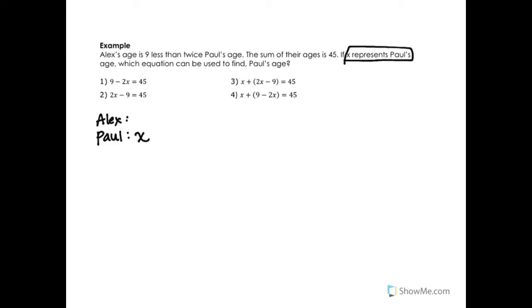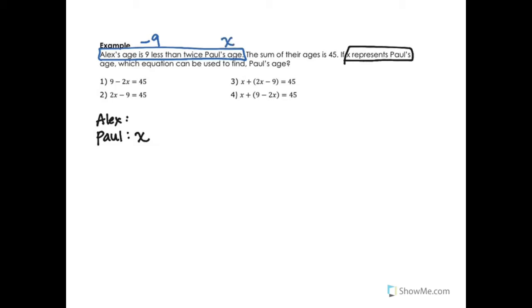It says Alex's age is 9 less than twice Paul's age. So this is important. We know Alex's age is 9 less. 9 less means I'm subtracting 9 from something. And I'm subtracting 9 from twice of Paul's age. Now Paul's age, I don't know what it is, but I know we're going to use X to represent it.